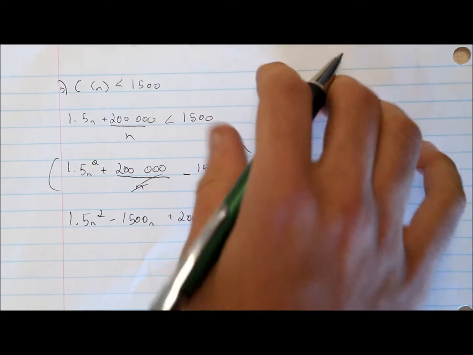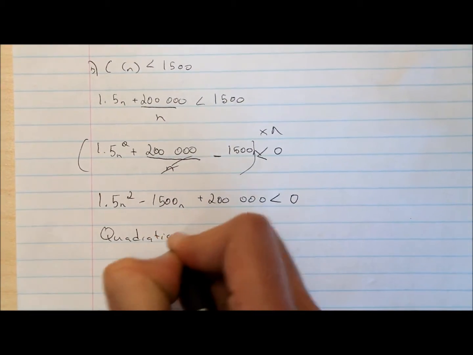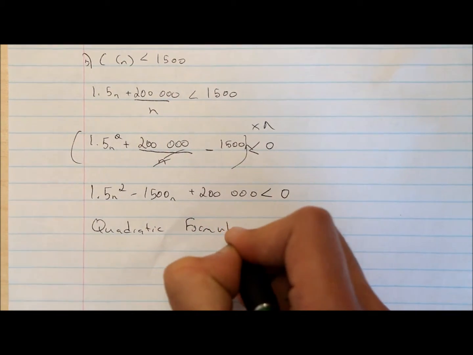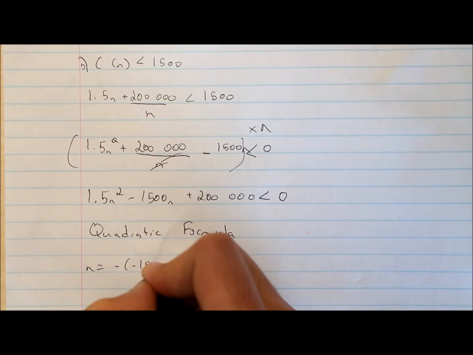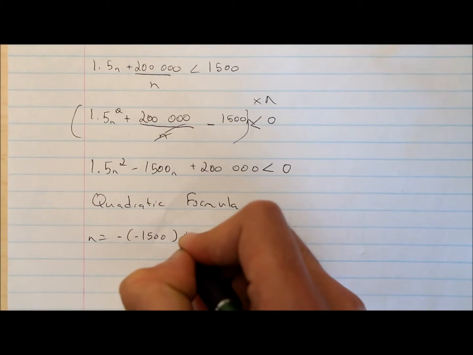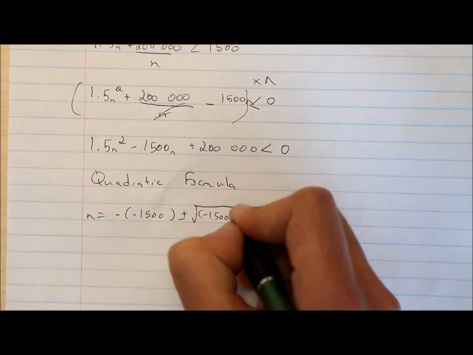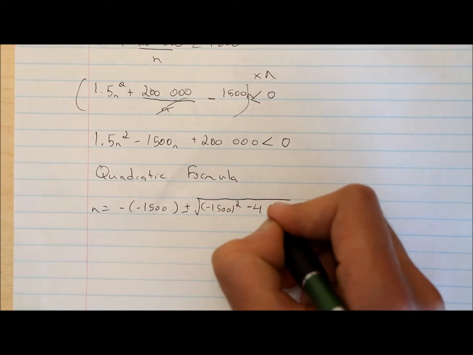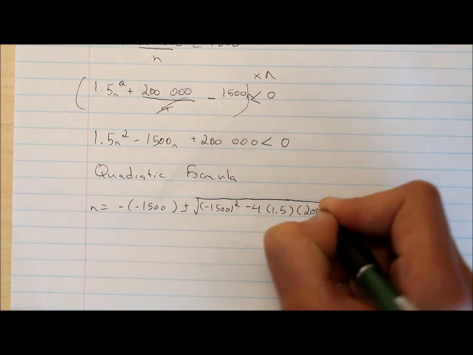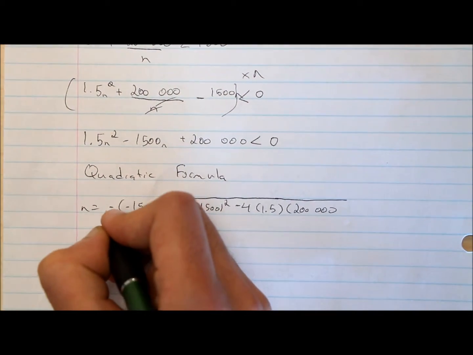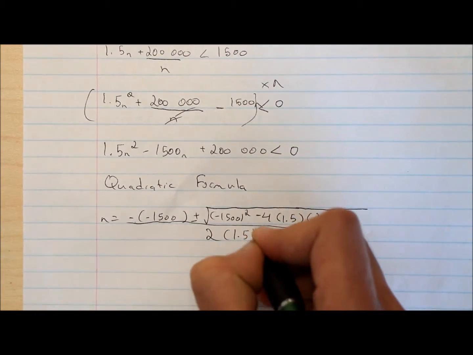Now we can sub these values into the quadratic formula, which is n is equal to negative negative 1,500 plus or minus the square root of negative 1,500 squared minus 4 times 1.5 times 200,000, all divided by 2 times 1.5.